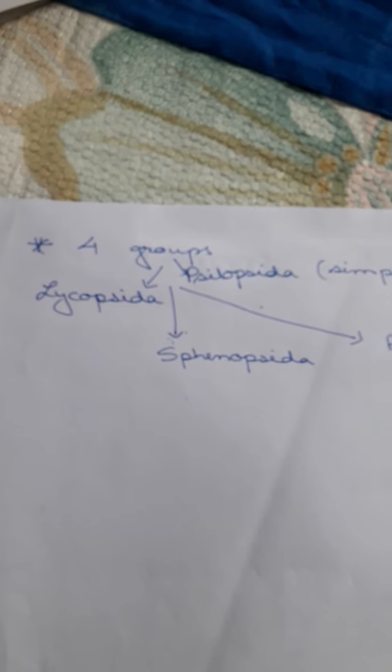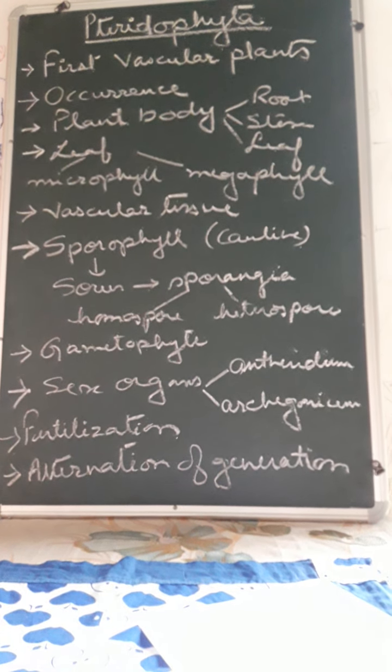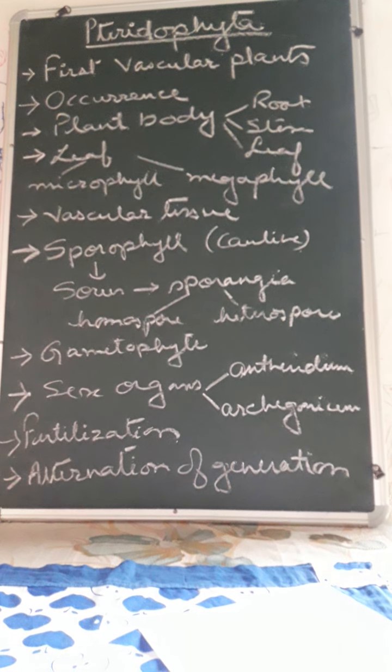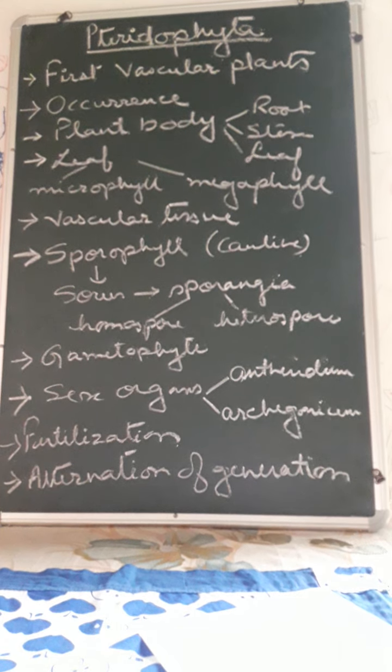The characters are present in your books, everything is mentioned there, and the characters are similar to the main class, that is the Pteridophyta. Only basic differences are there which you have to find and study. Everything is mentioned here.